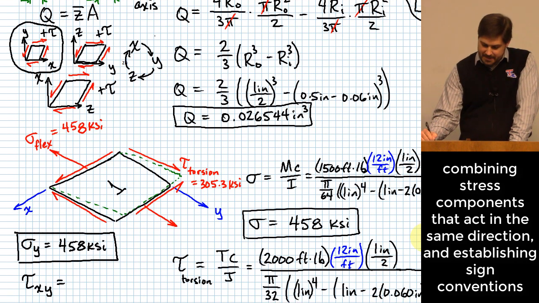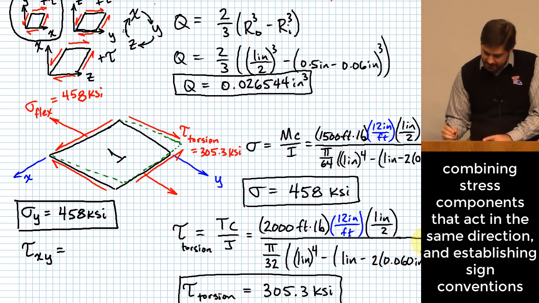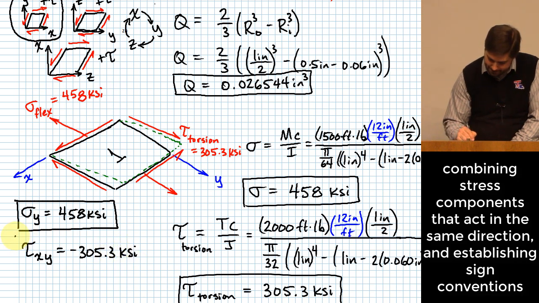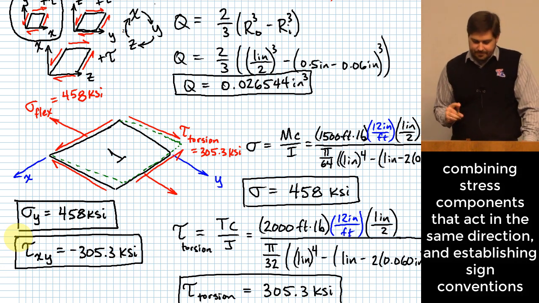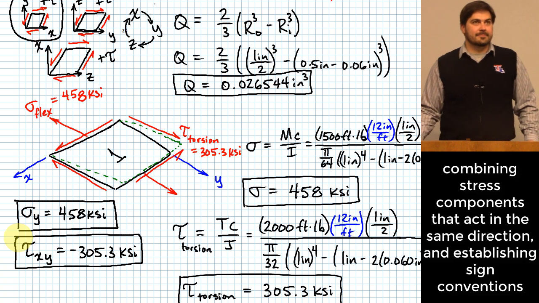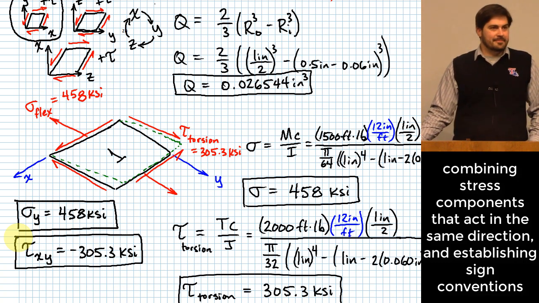And so since it's the opposite of that, we would say here that this stress component would be negative 305.3 KSI.